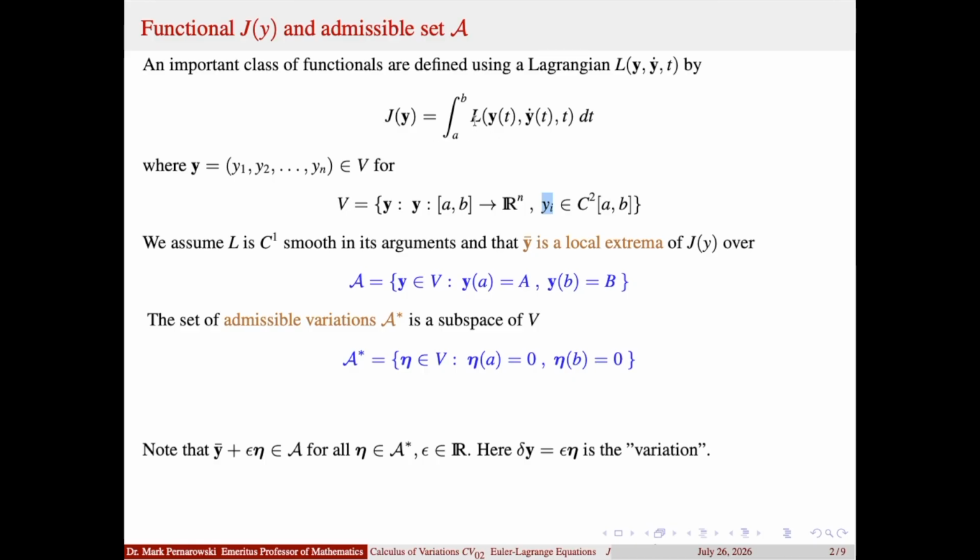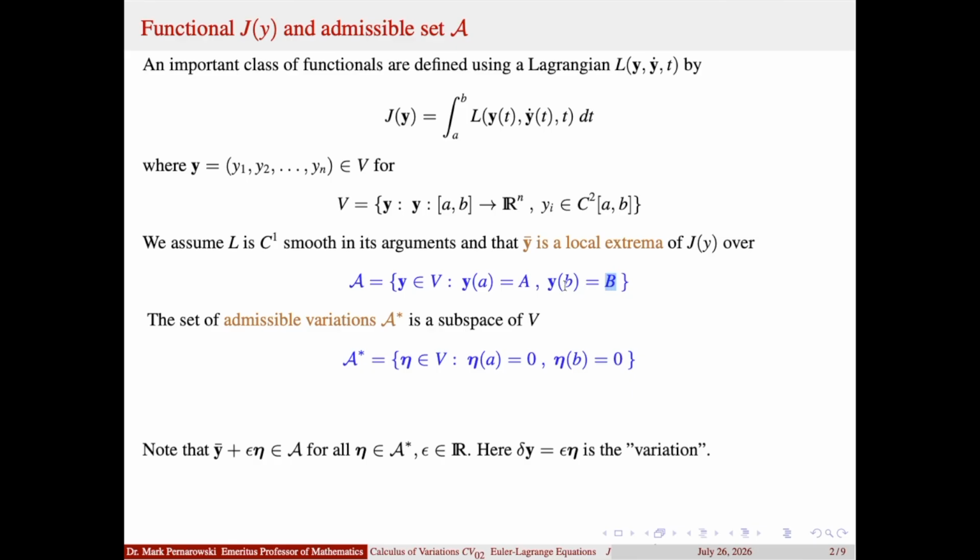So we've got this functional. I don't know what L is, but it has y arguments, derivative of y arguments, and t possibly explicitly in there. The admissible variation set is going to be all the y's in that vector space that have fixed boundary conditions. In other words, at t equal to a, y is equal to the vector a.